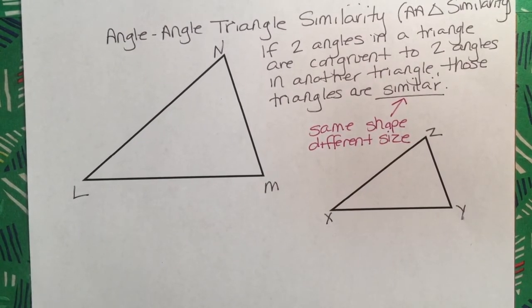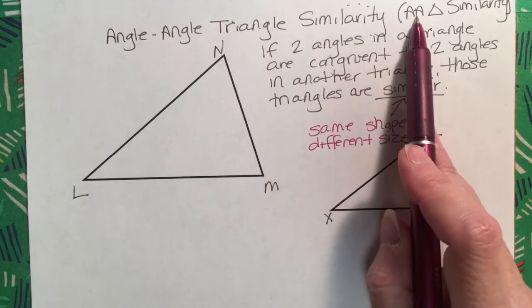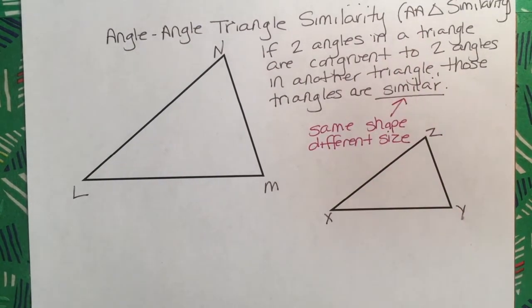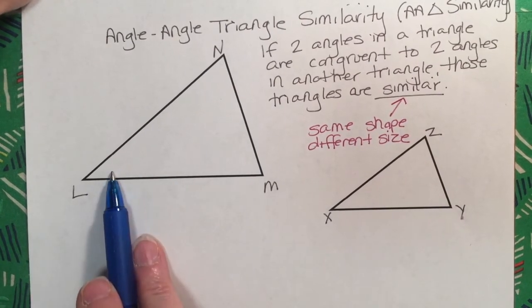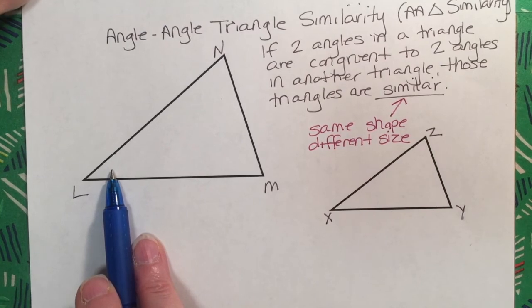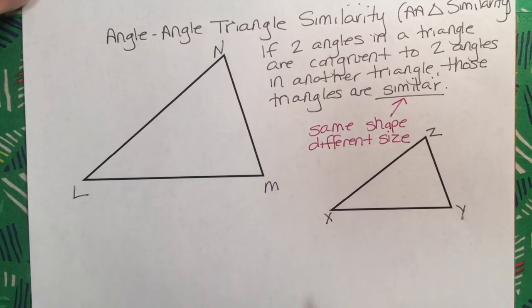Okay, another triangle theorem that we're going to be using in the coming investigations is called the angle-angle triangle similarity, sometimes written AA for angle-angle triangle similarity. And that one says that if you have 2 triangles and 2 angles in a triangle are congruent, that means they have the same measure as 2 angles in the other triangle, those 2 triangles are similar.